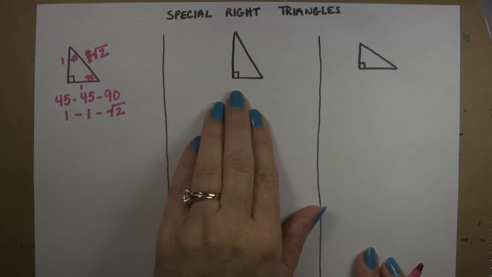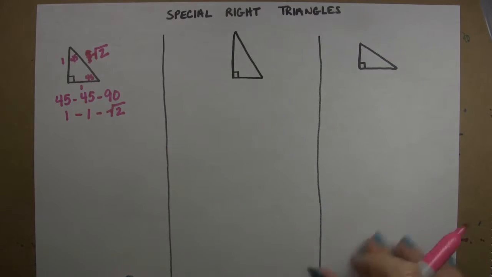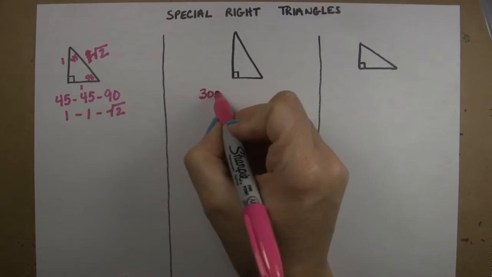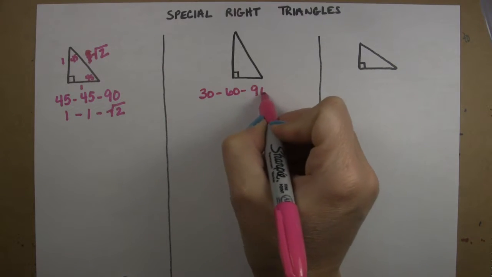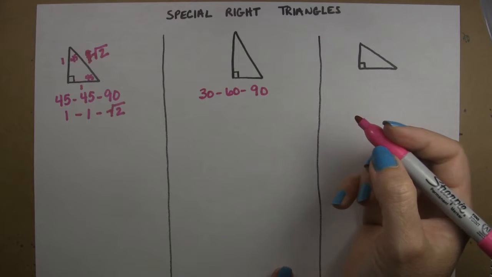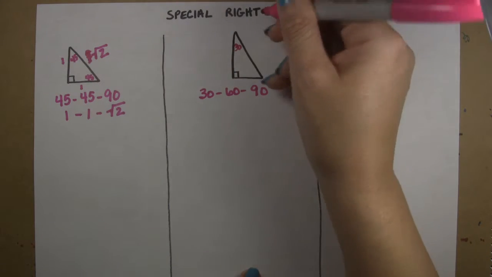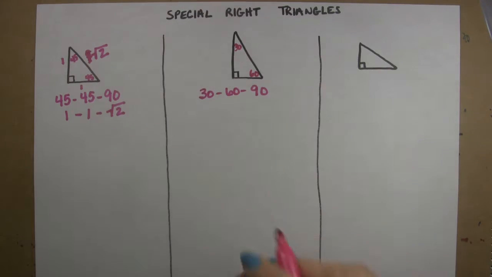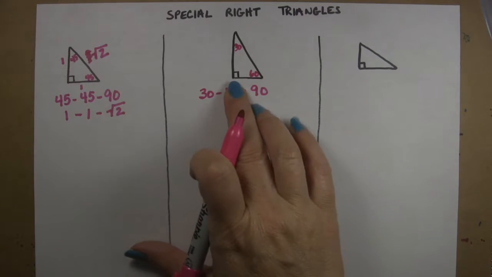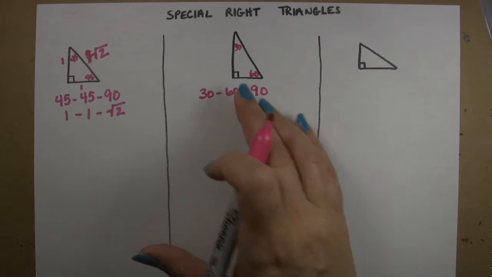This second right triangle is called a 30-60-90 triangle. And the reason for that is that one of the angle measurements is 30, one of the angle measurements is 60, and then the last one is 90.